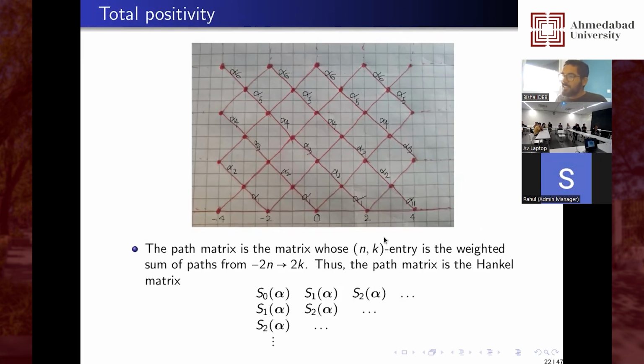So the path matrix of this graph is the matrix whose entry at row n and column k is the weighted count of all paths starting at minus 2n, ending at 2k, and from the result of Flajolet, this matrix is exactly the Hankel matrix S0 of alpha, and then S1, S1, S2, S2, S2, and so on.